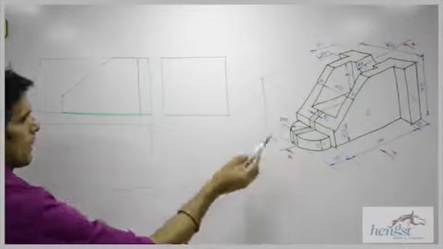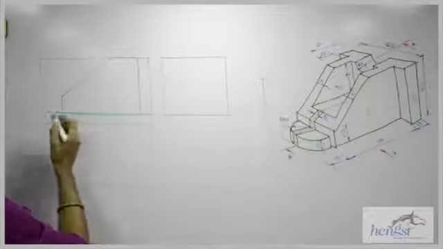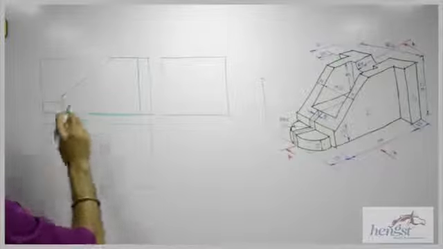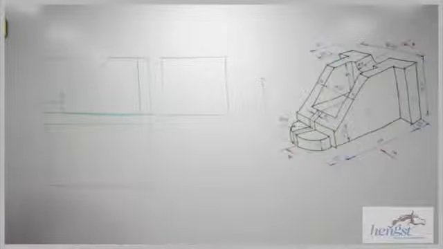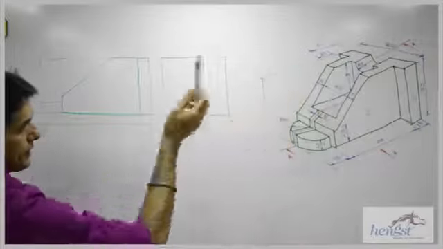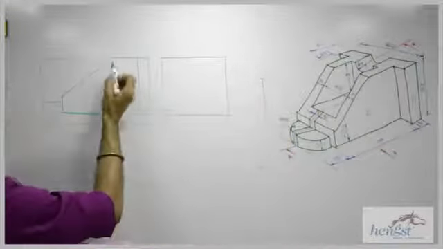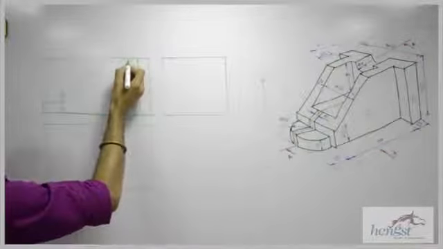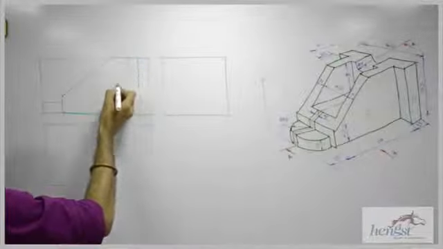Then we'll draw part 1. Now how much is this height? 15. So we are done with part 1. Now we need to draw the dotted lines. So what we will do, we'll see this. They have given 25, right? So from here you take 25. Then it is going down by 40. So this will be dotted, which you can't see.